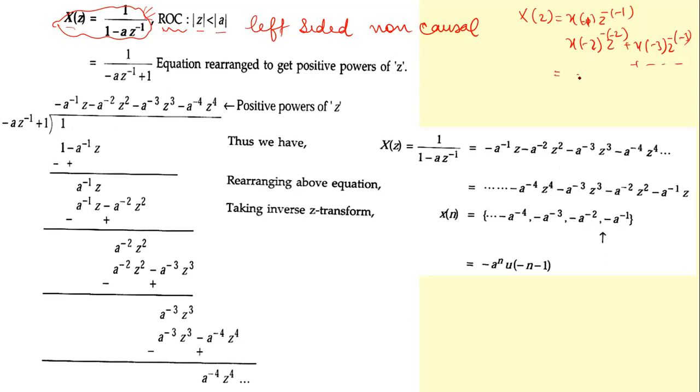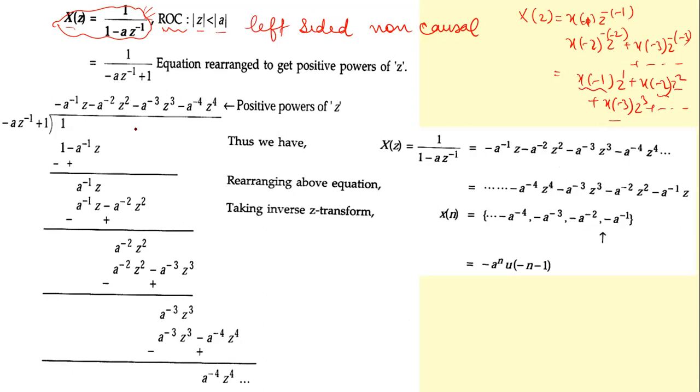You can see here the data points are negative, but the power of z is positive, right?